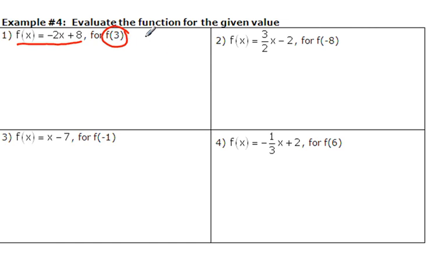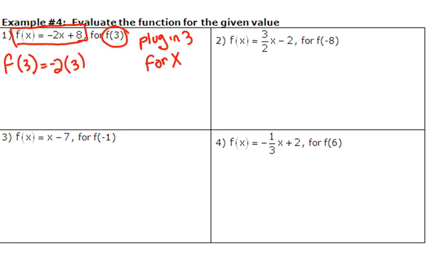What the 3 means is to plug in 3 for x. So I would literally take this exact function, and everywhere I see the x, I replace it with a 3.